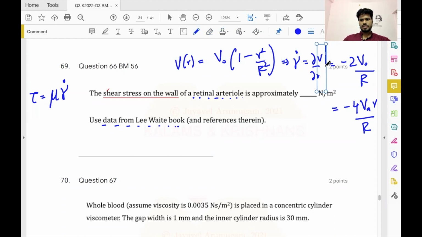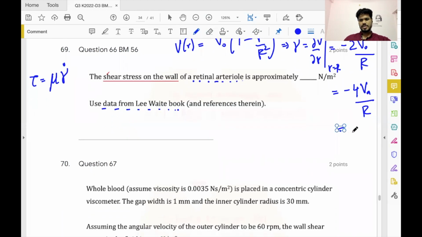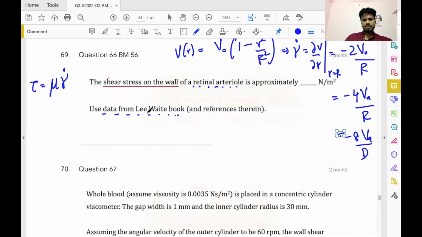This is evaluated at r is R. So if we have that, we just have this term. And then we have V over R roughly, and minus 8 V average by D. If you know the average velocity and diameter, you could easily find it. Anyways, let me just give the expression. So tau should be equal to any of these times mu.